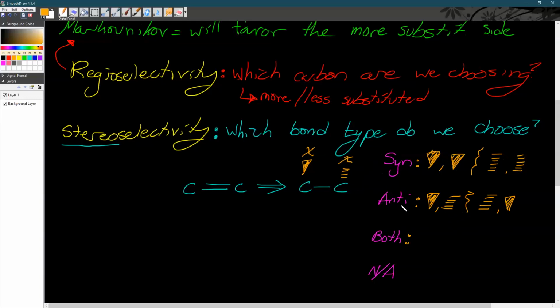Okay. Well, if these things are basically describing cis and trans, then why don't we just say cis and trans? Well, remember that we're describing reactions, right? So we're describing the addition of groups onto it. So we're not describing where they're currently located. We're describing where they get added. So we're describing reactions, so we have to use new reaction type vocabulary.